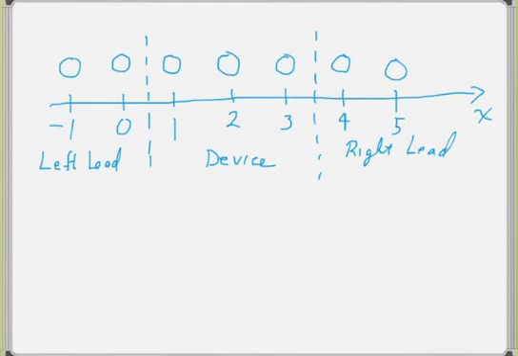And so they'll all have the same site energy, epsilon. And they all have our nearest neighbor hopping matrix element. So it's our usual nearest neighbor, single band, tight binding model.